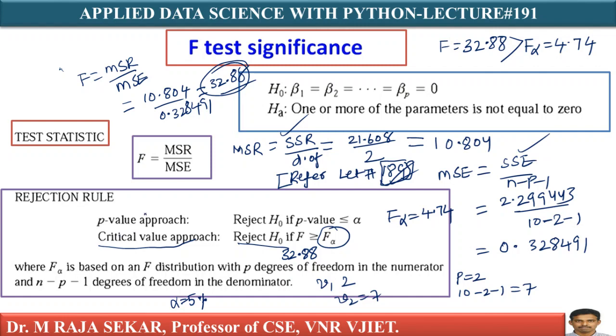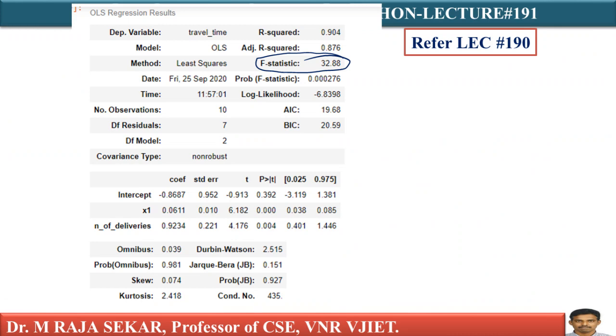What is the p-value approach? I am assuming alpha equal to 5%. In the p-value approach, what is the probability of the F statistic? That is 0.000276. This is my p-value. The p-value is very small. Reject if the p-value is less than or equal to alpha.